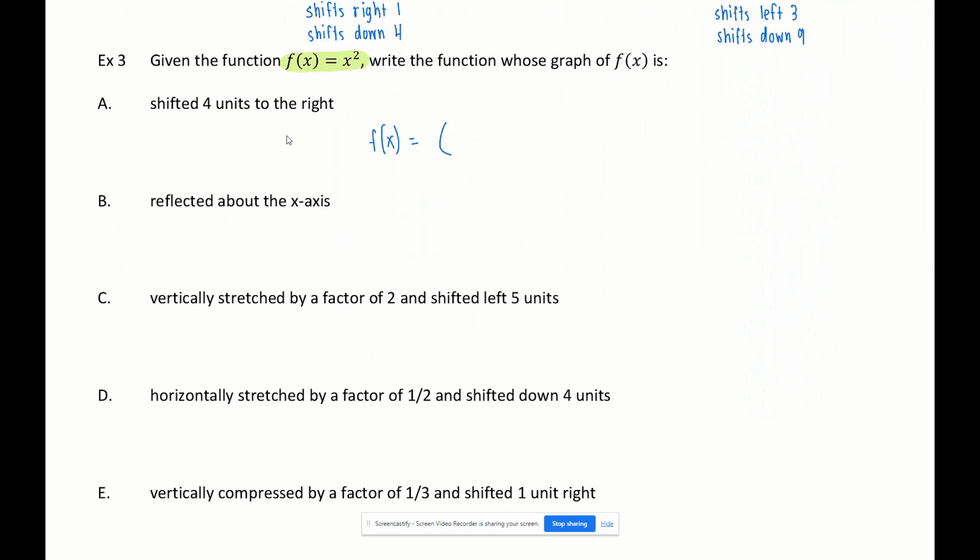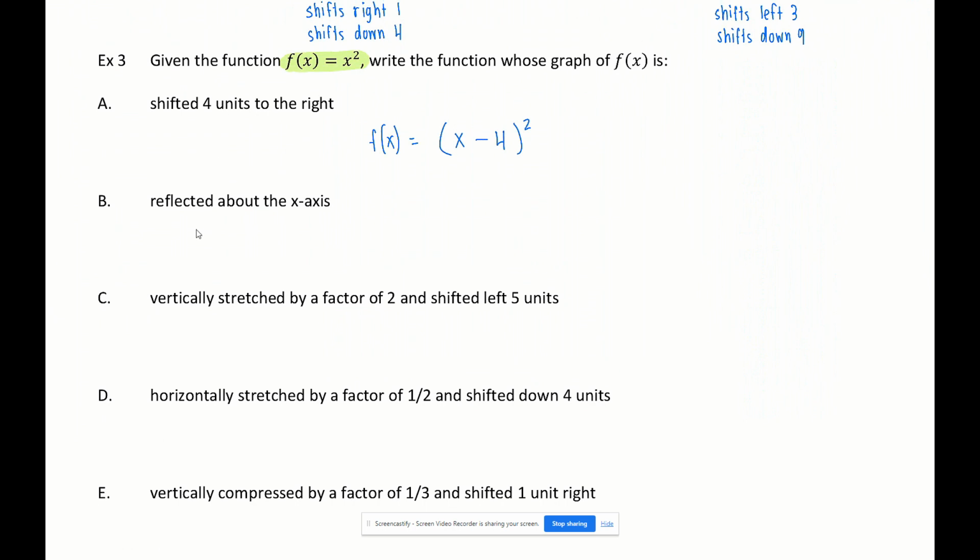So I'm going to put some parentheses with that squared on the outside. Now remember the rule? On the inside, it's the opposite of what it looks. So 4 to the right in my brain, I think +4. So what will it actually look like inside these parentheses? -4. So x minus 4 squared.